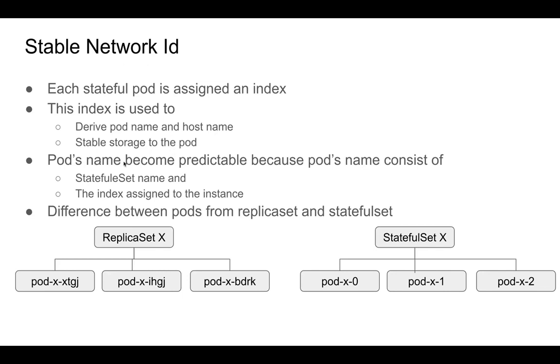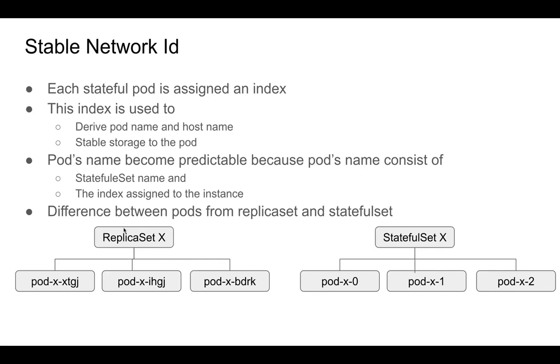With this index, the pod's name becomes predictable because the pod's name consists of the stateful set name and the index. For example, let's say you have stateful set X and 3 replicas. It will have a pod with the X name because that's your stateful set name, and -0 for the first replica, -1 for the second replica, -2 for the third replica.